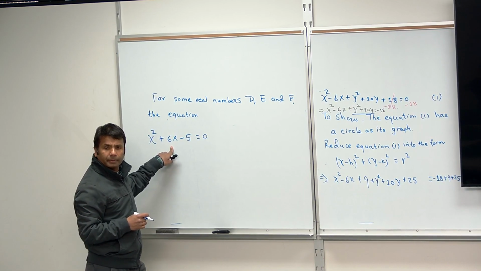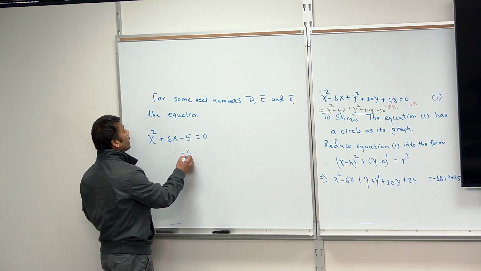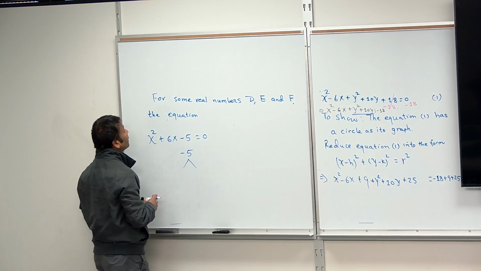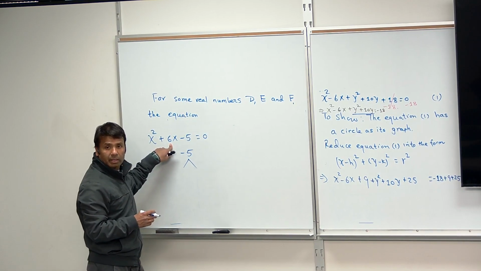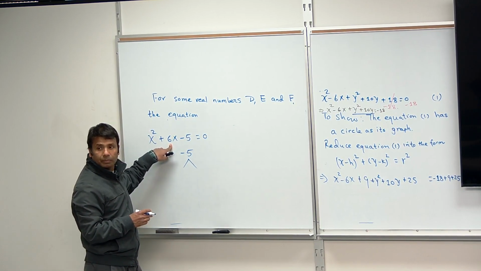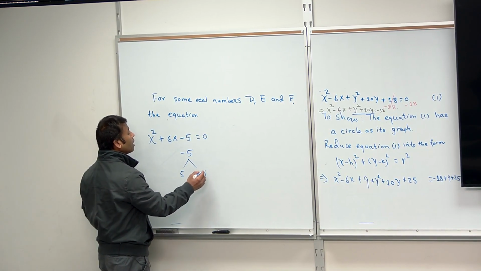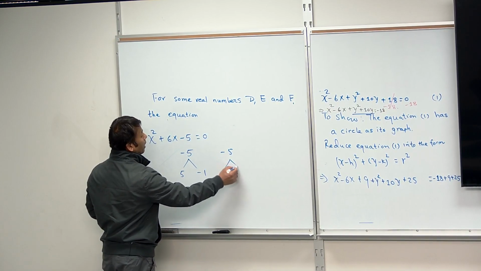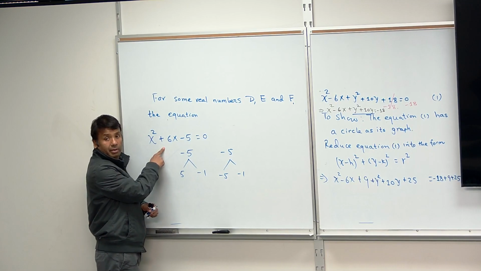Can you find the factors of negative 5 such that the sum is positive 6? You cannot find that, right? Because the factors are either positive 5, negative 1, or negative 5, positive 1.